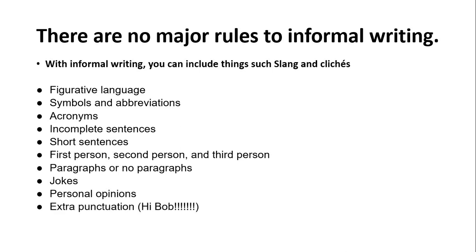Example, hi Bob. Passive and active voice. So, kabaliktaran kini sa formal. Pwede nimo gamiton ang dili pwede sa formal writing. Sa informal writing, pwede kay mao ni nimo gamiton tanan. Gamiton nimo siya sa mga close friends, family.